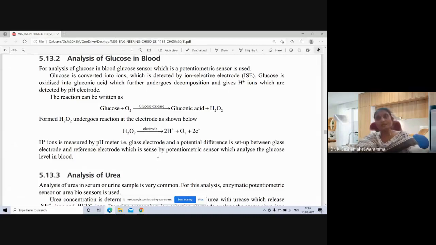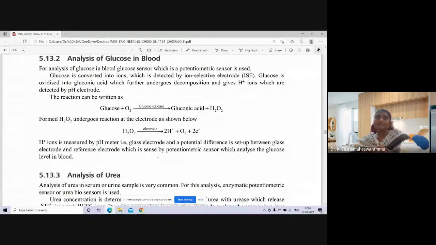This is the analysis of glucose in blood. Glucose is converted by glucose oxidase into gluconic acid and then hydrogen peroxide.